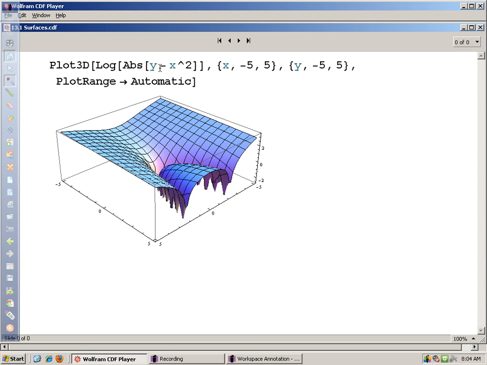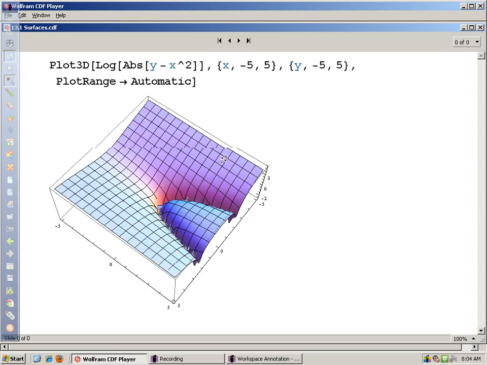What's happening to our function there? y minus x squared along here is a peak, a down peak. So it's right. It's like an asymptote sort of, because our natural log is undefined. So this would be like a huge steep valley going down, down, down.